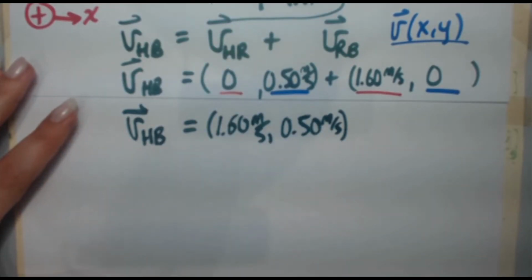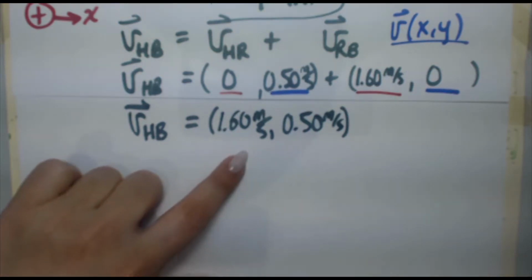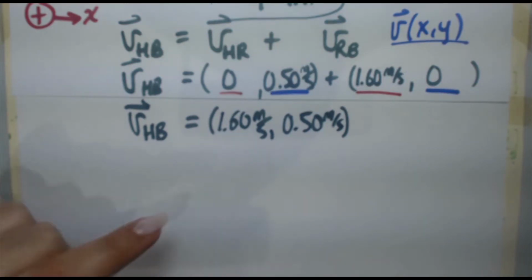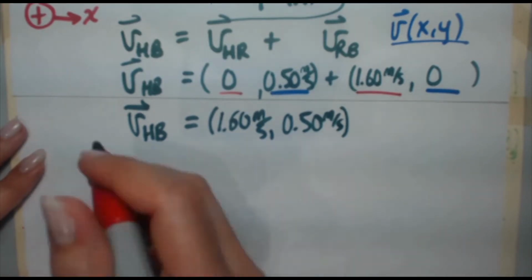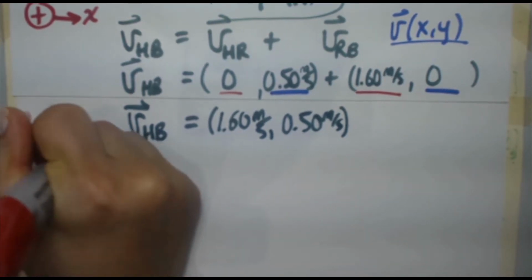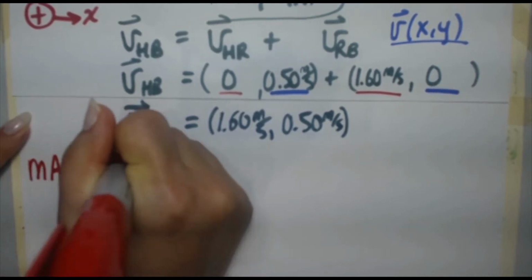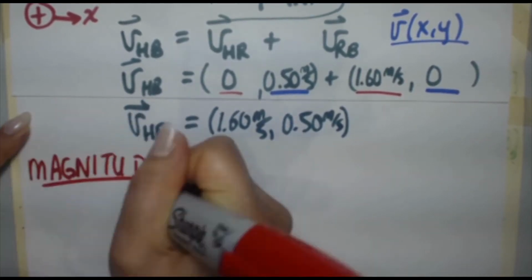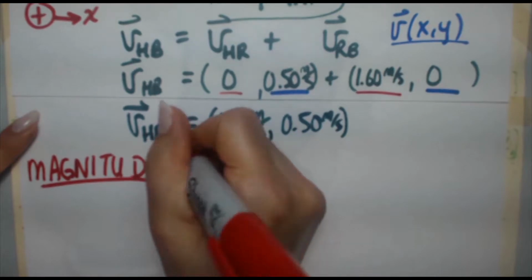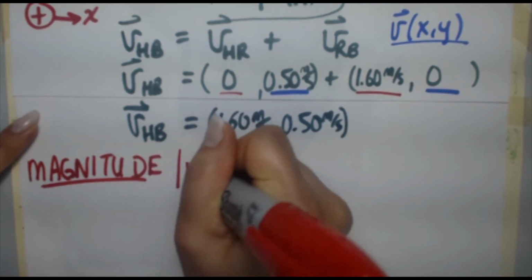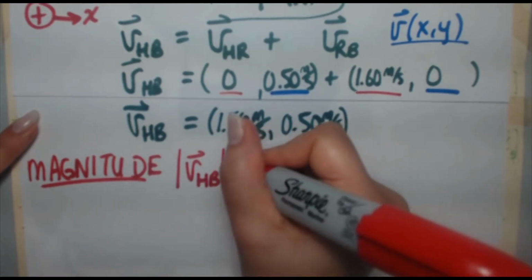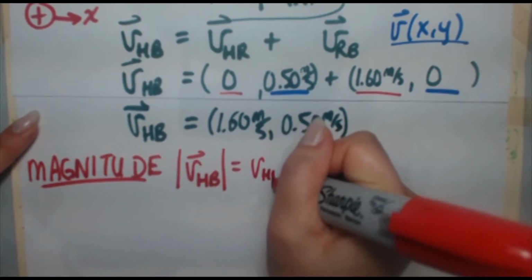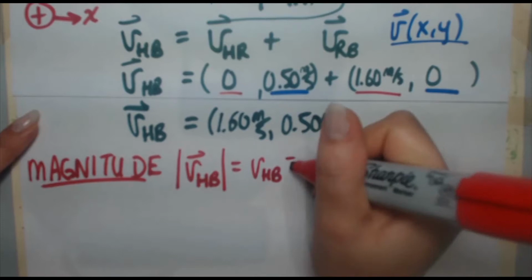Of course we're not expressing it like this in our final answer. We want to express it in terms of a magnitude and a direction, not simply as the xy components. So let's solve for the magnitude of Huck relative to the bank first. If you put the absolute value symbols around a vector, this implies the magnitude, or you can just drop the vector symbol and say VHB.